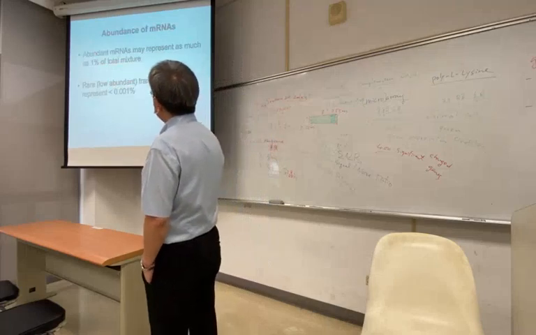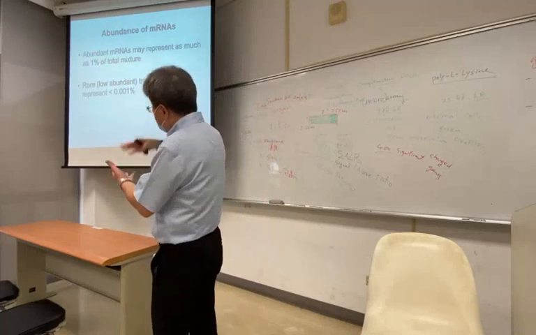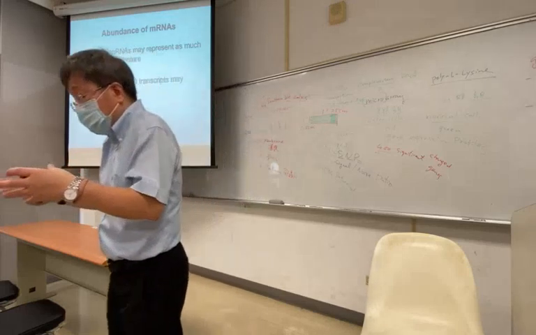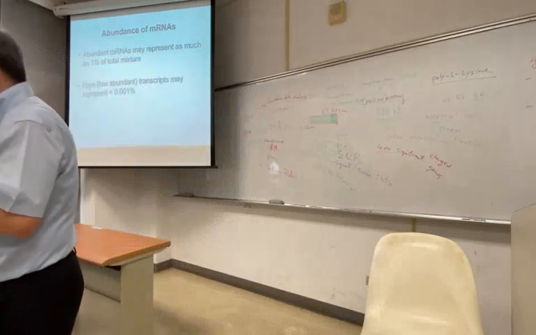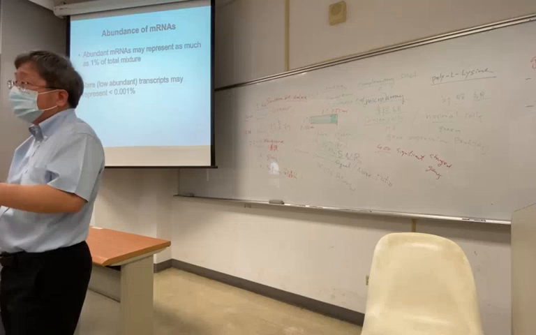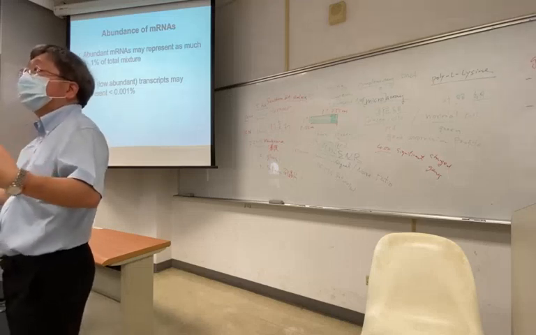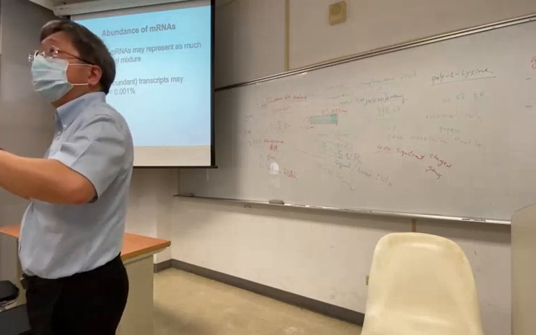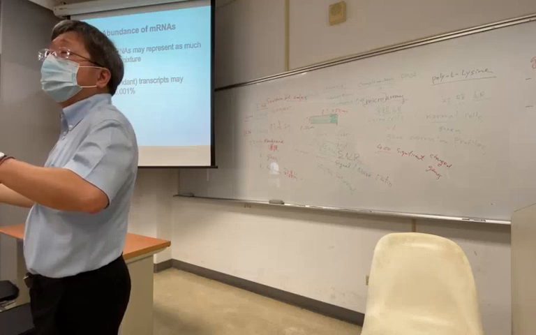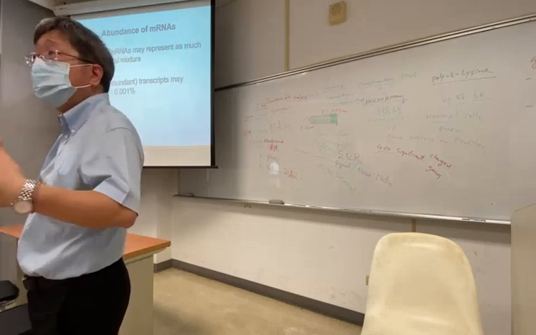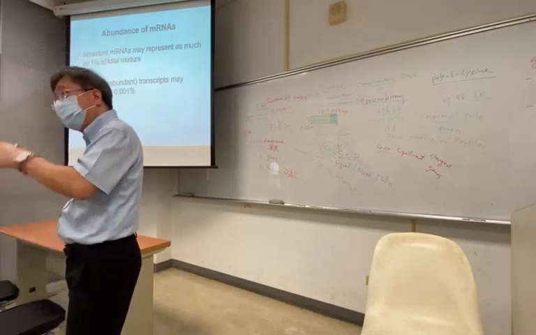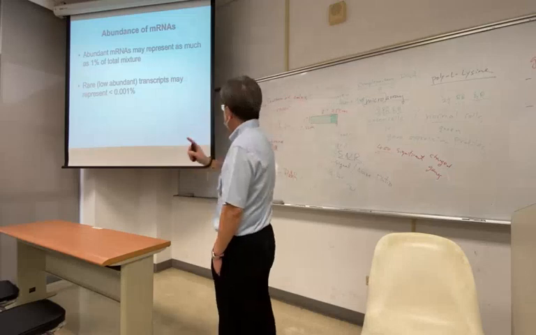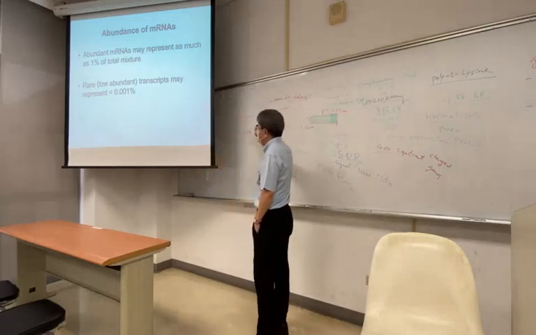So for low abundance, you have to increase your probe excess. If you want to study very rare messenger RNA, you have to increase the amount, otherwise the signal can't come out. Too weak, maybe the signal is almost equal to the background noise, so you won't be able to tell the difference. That's why you have to add a lot more. But in the normal situation, that's not the case. It will happen like something like this.